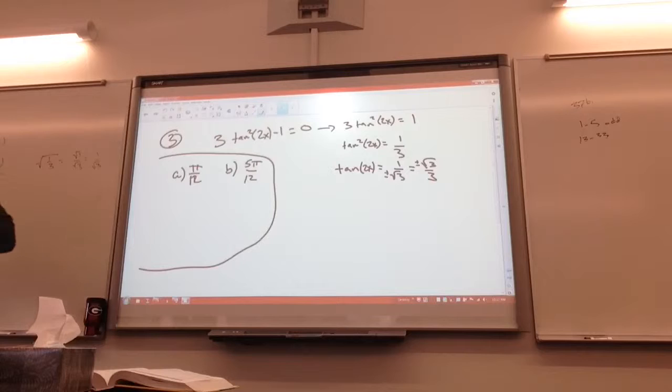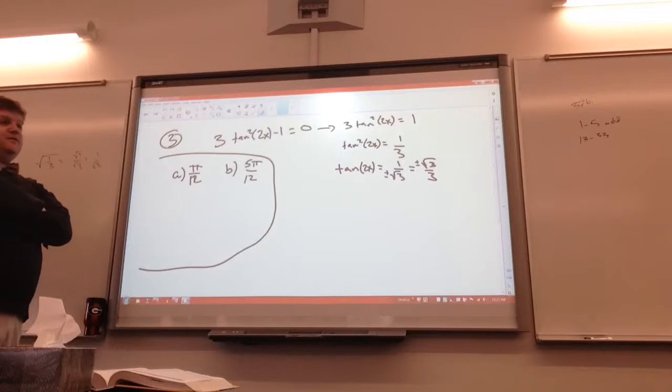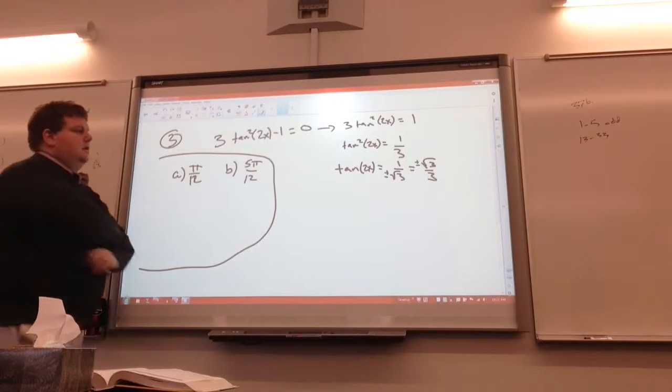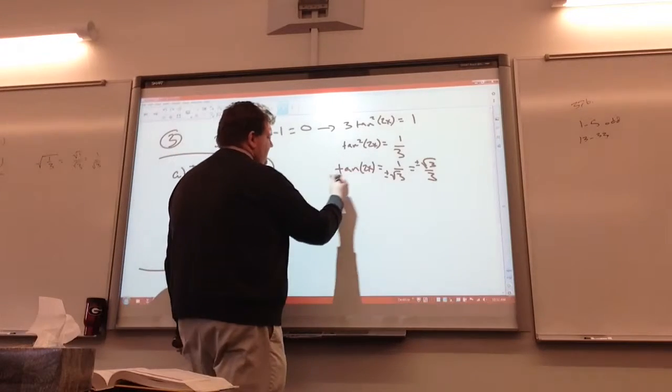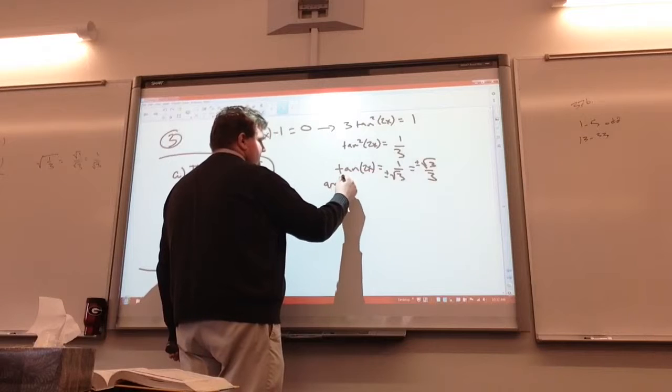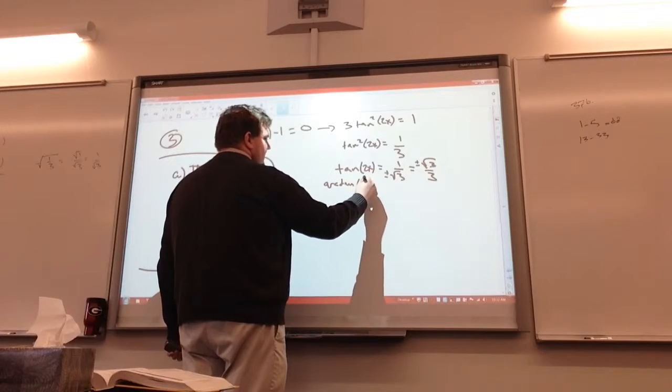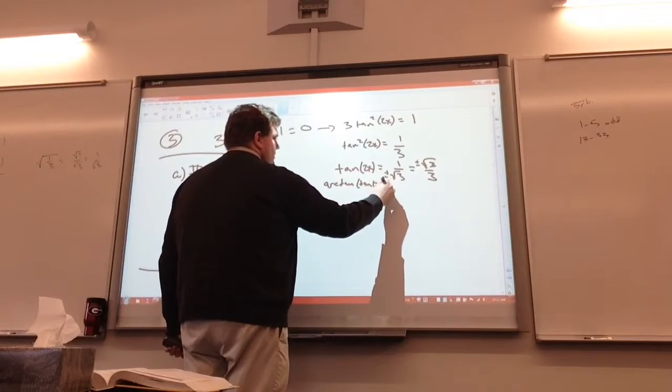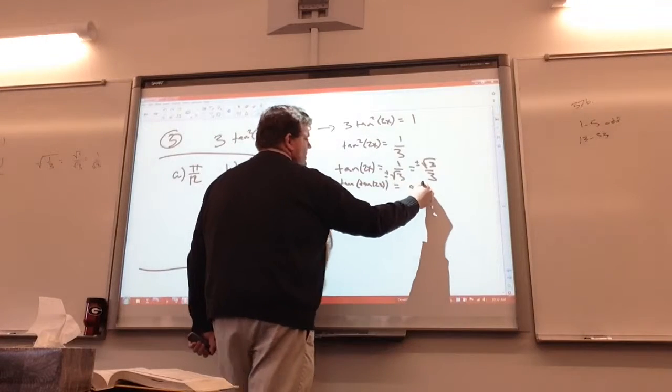No, can't do that. That 2 is locked up in that tangent. I'd use the arctangent, wouldn't I? Because if I did the arctangent to the tangent of 2x, what happens to the arctangent and the tangent? They cancel, right? So I do arctan of the tan of 2x to both sides.